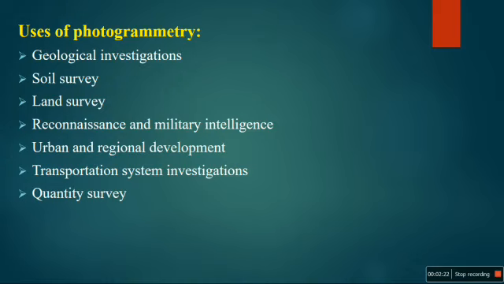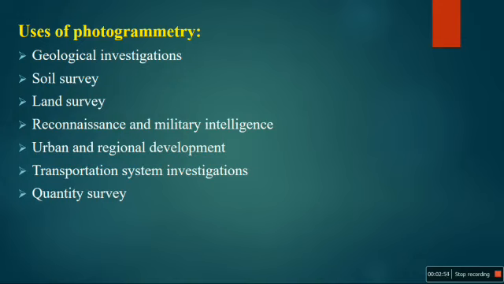Next, urban and regional development. Suppose the area is considered for town or future planning by using aerial photogrammetry. It will help the easy development of the considered area. Similarly, transportation system investigation.